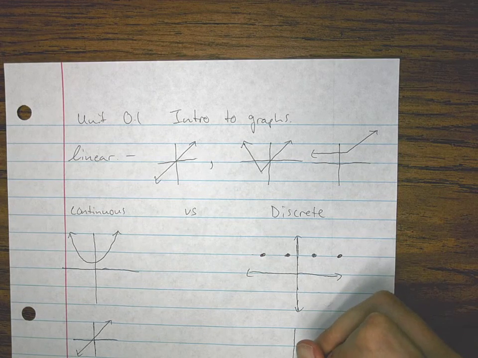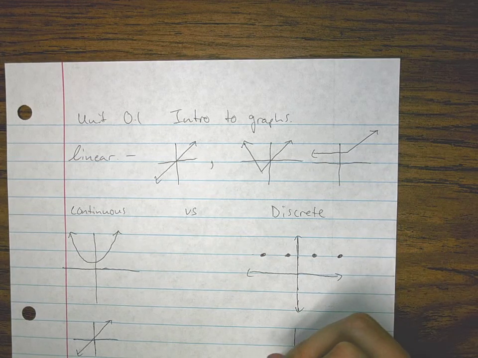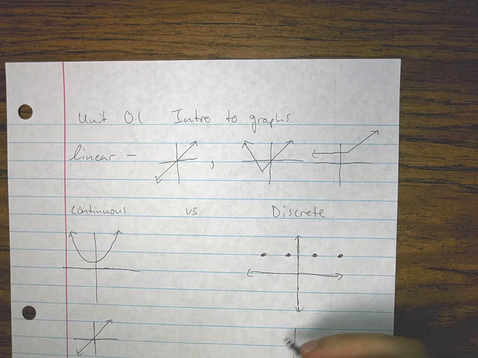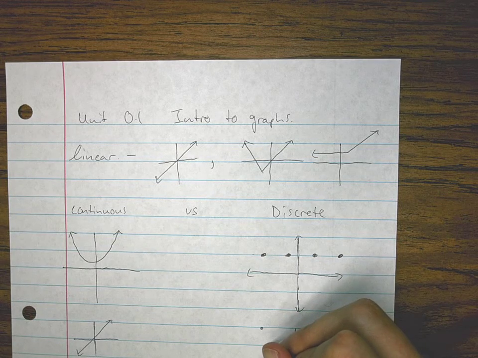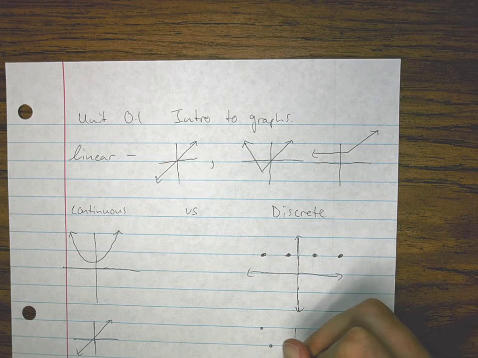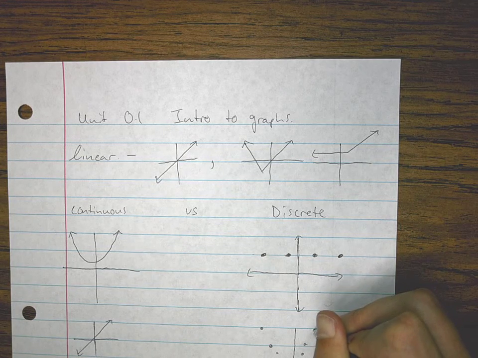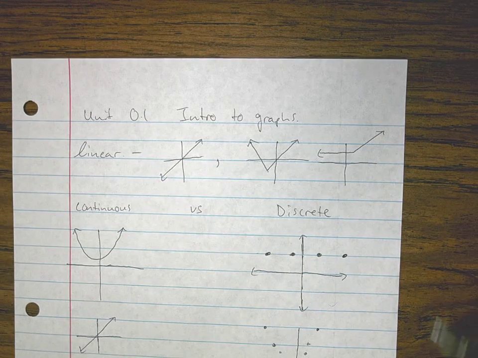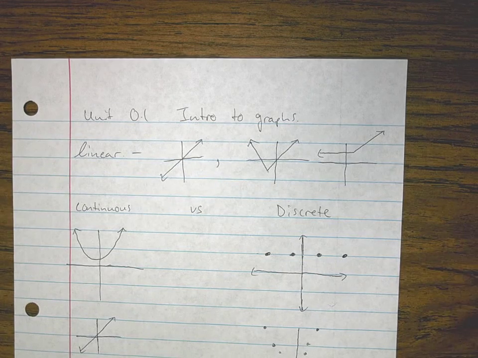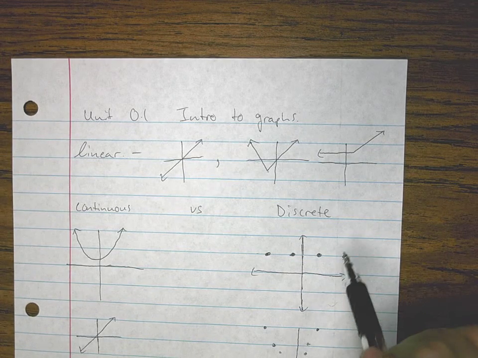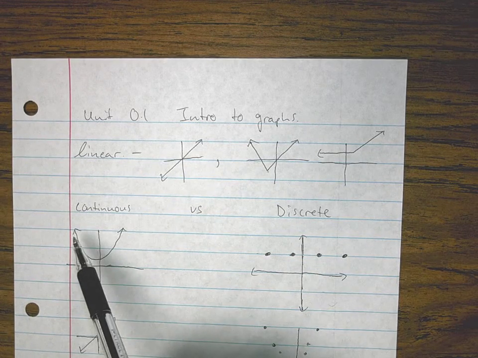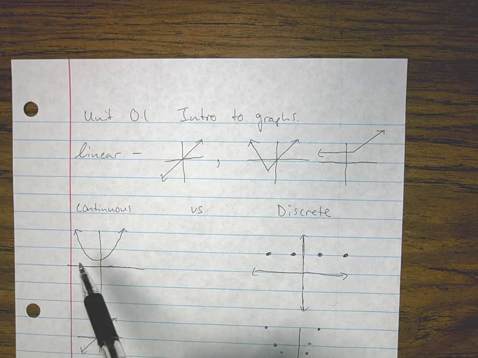And you can have linear functions just like the one above, or you could have quadratic functions that are discrete as well. Okay. So it's just important to note that discrete dots are not connected, continuous, one continuous drawing, you never pick your pen up.